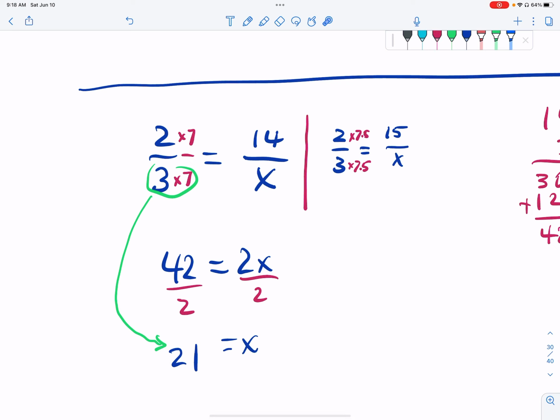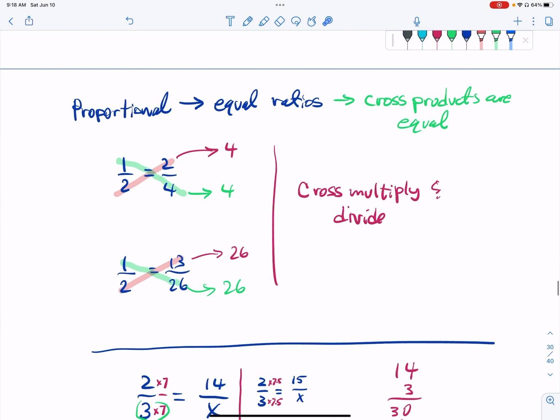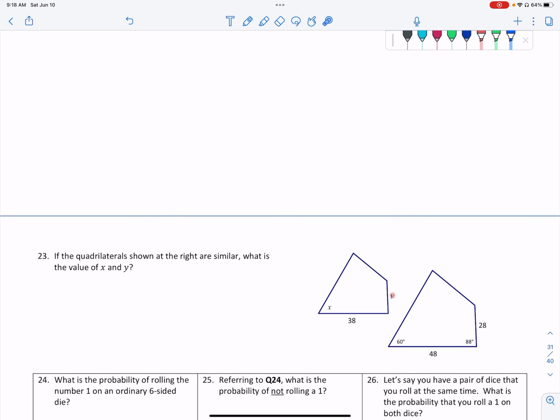So in this case, if you can't easily scale up your fraction, then we're just going to cross multiply, set those cross products equal to each other, and make ourselves a pretty simple equation that we can solve from there. So that should help you out on both question number 22 and the similar polygons on question 23.